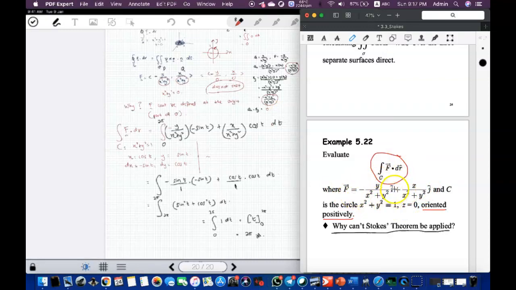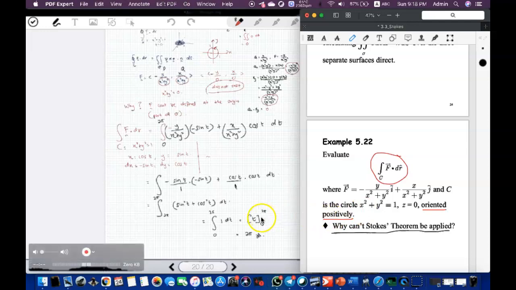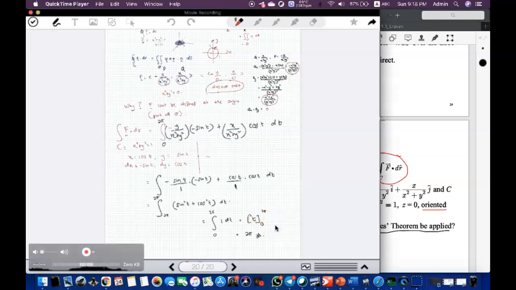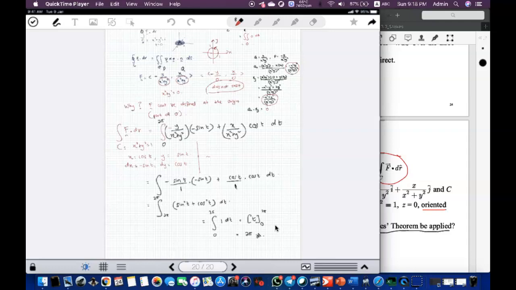Okay, F cannot be defined at the origin, where the origin lies inside the surface z equals 0, bounded by x squared plus y squared equals 1. So hopefully you understand that. So I would say that not all the time can Stokes' and Green's theorems be applicable.